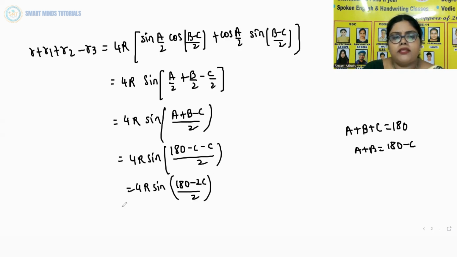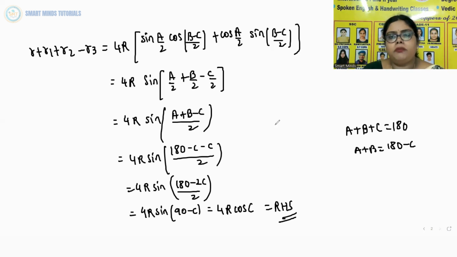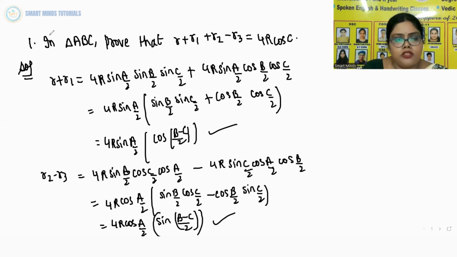If we divide this whole bracket by 2, we will get sin(90 minus C). And we know that sin(90 minus theta) is cos theta. So that is 4R cos C, and this is the RHS. So here we have proved it using trigonometry. Also let me tell you, this question last appeared in AP May 2023.